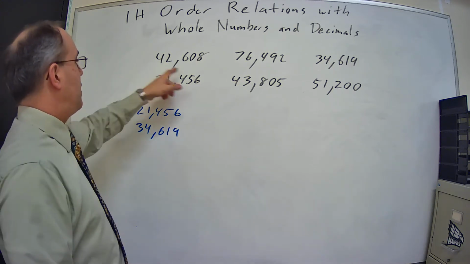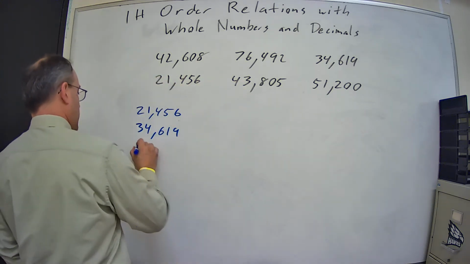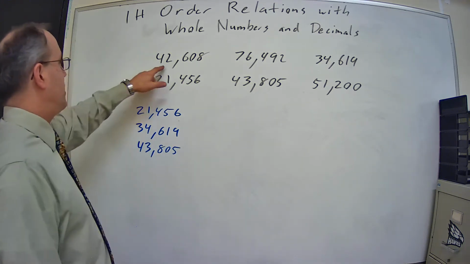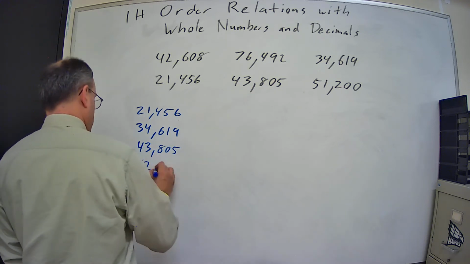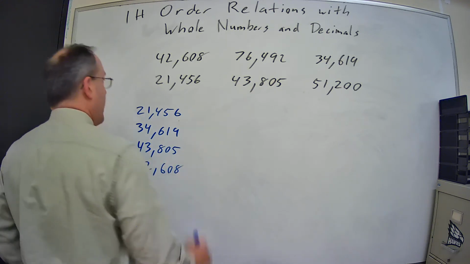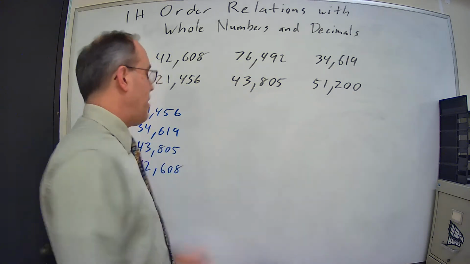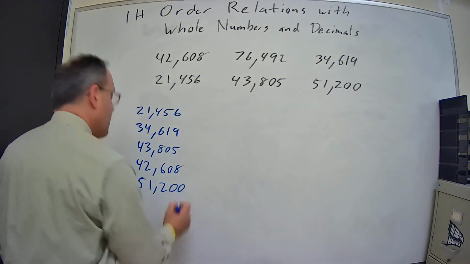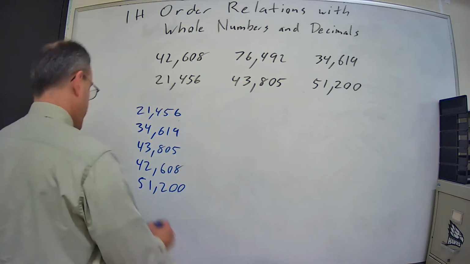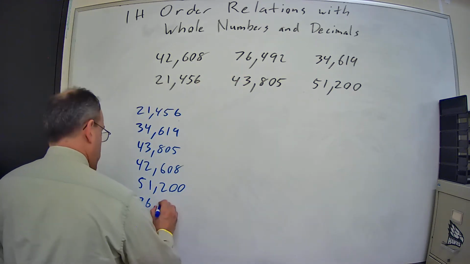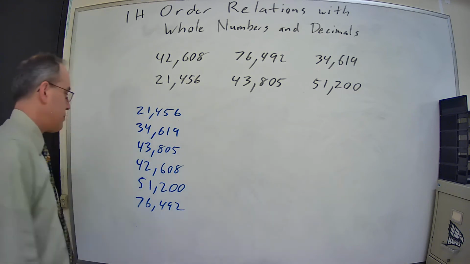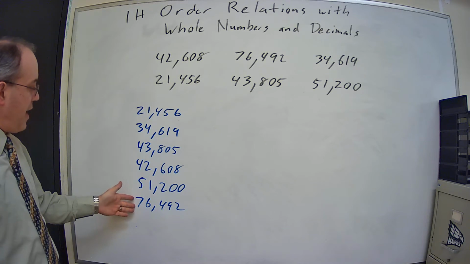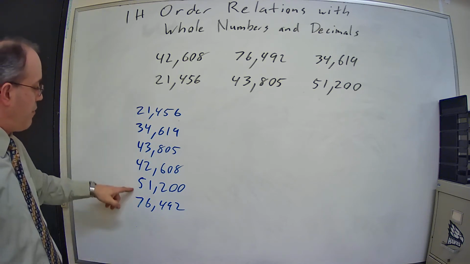And then I see a 4, 43,805. I see another 4, 42,608. I see a 5, 51,200. And then I see a 7, 76,492. So these are in order by the 10,000s place, 2, 3, 4, 4, 5, 7.